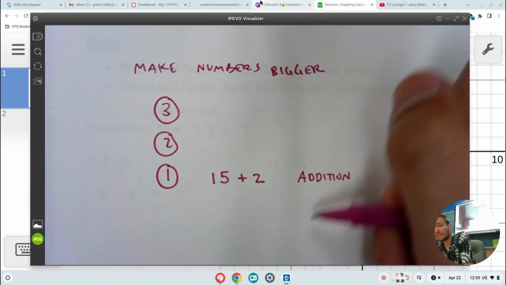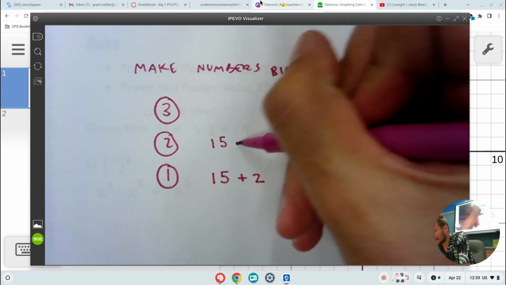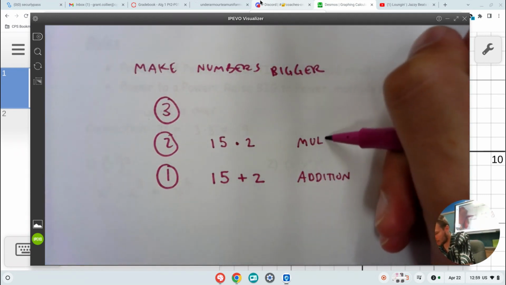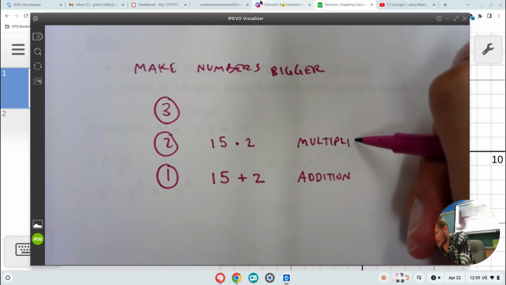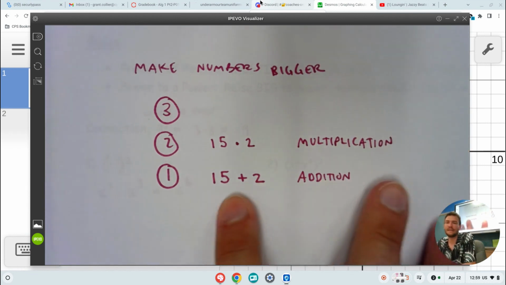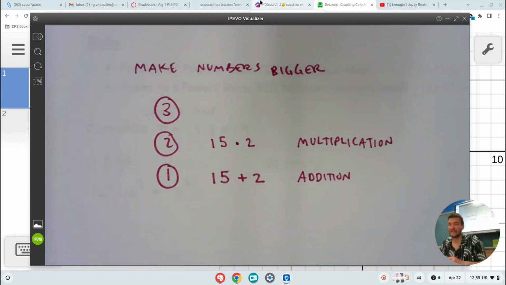Now, a little bit more than that, another way to make numbers bigger would be 15 times 2. That, of course, is called multiplication. And instead of 15 plus 2 being 17, now we have 15 times 2 makes 30, which is a lot bigger, right? And so we're growing and we're growing.